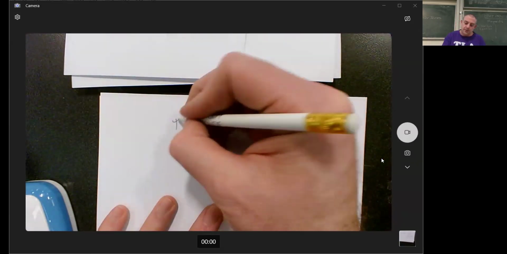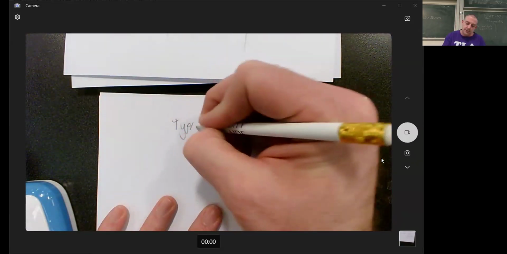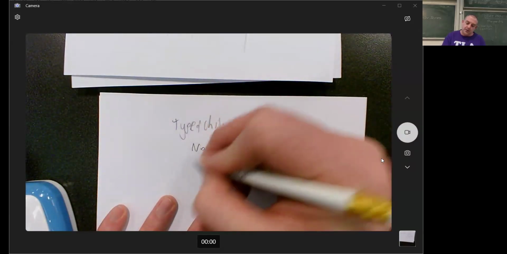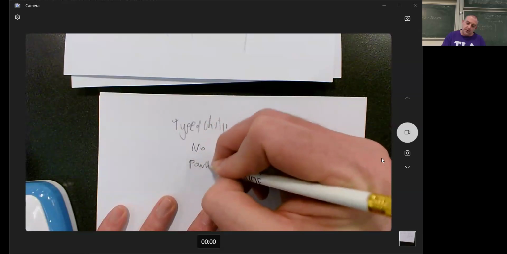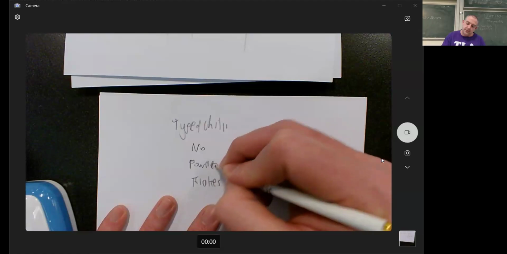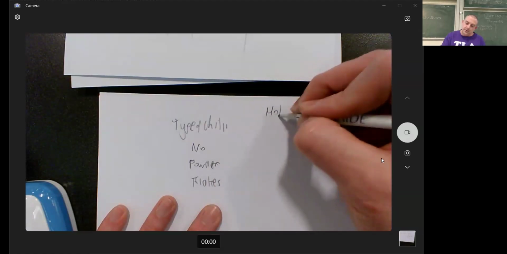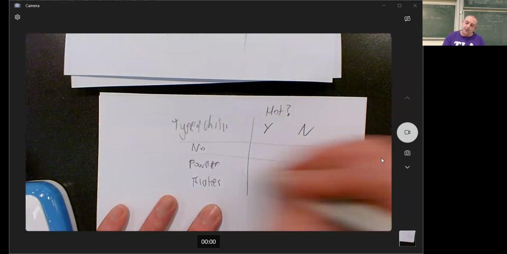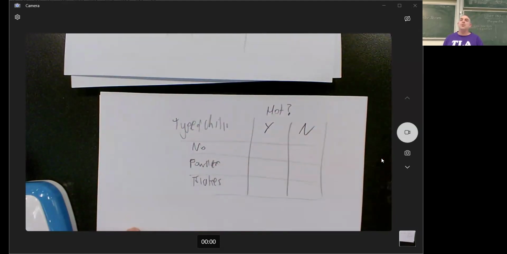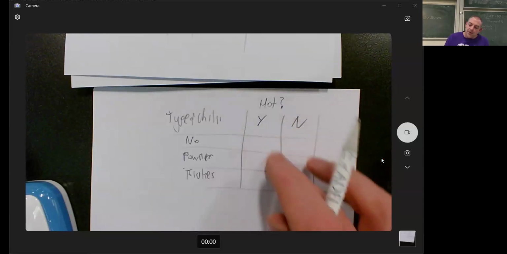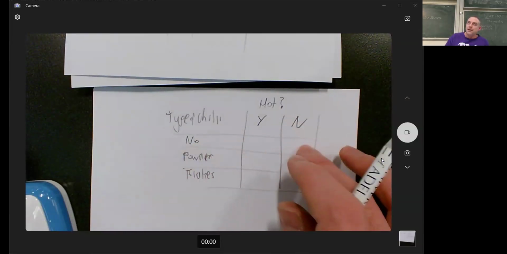And you have type of chili, no, powder, flakes, and hot, yes or no. And you have a neat little table like that. And it's set up with how many people who had no were hot, how many people with no were not feeling hot.